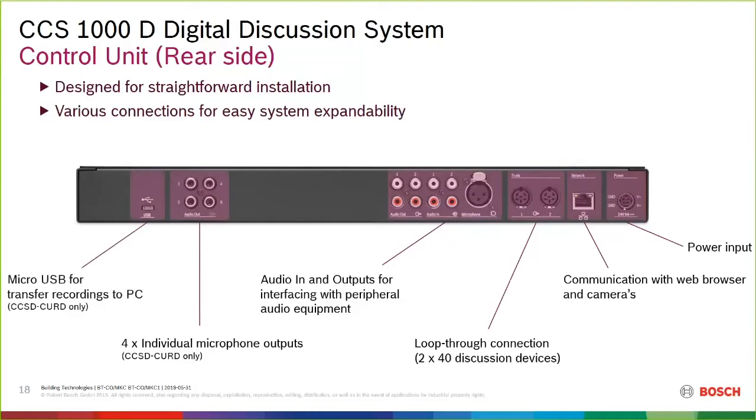We have our audio ins and outs for interfacing with third-party gear, both in floor mixes, mix minus, insertion mode, PA mode, and a balanced line level XLR input. On the far left, we have the 4 individual outputs and a micro USB. So if I did use internal recording, I can extract those recordings, or I could record directly onto a USB stick.